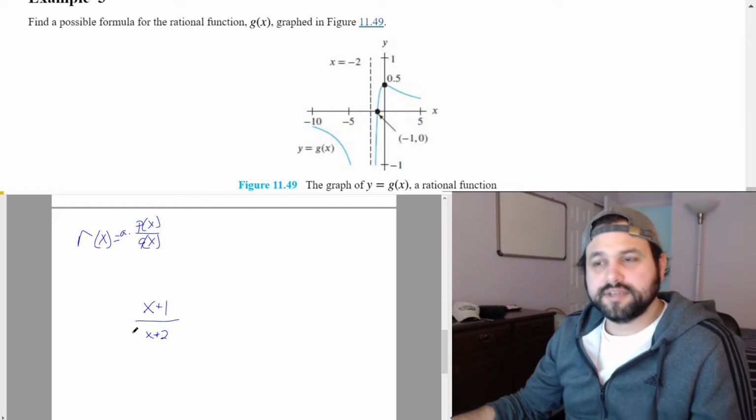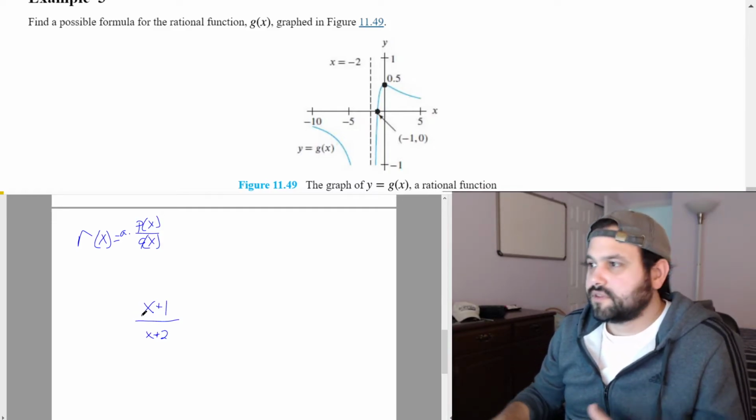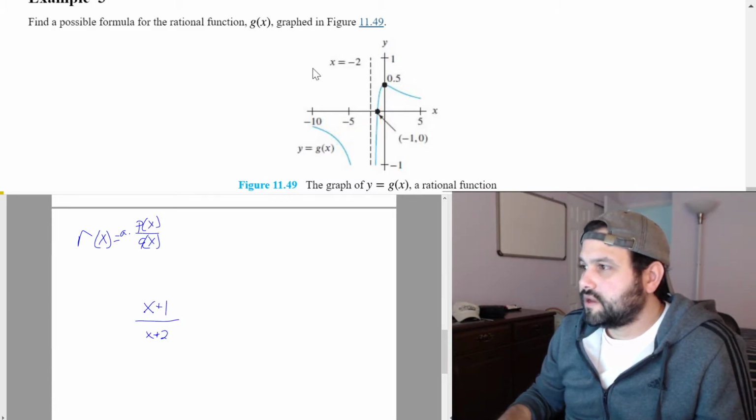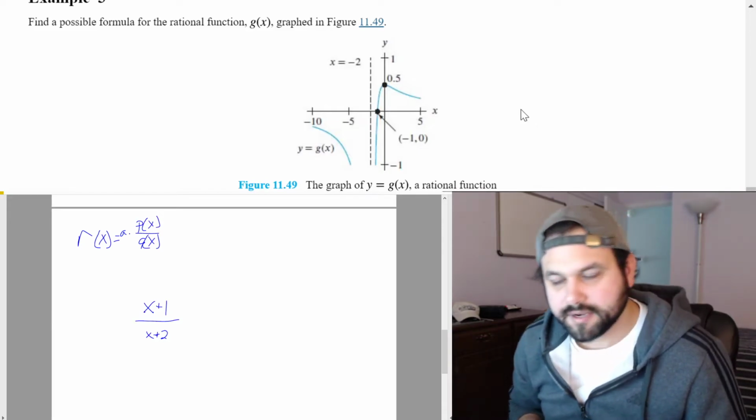However, what I do notice is that this function has a horizontal asymptote. It's going to, in the long run, go down to 0. So what does that mean?